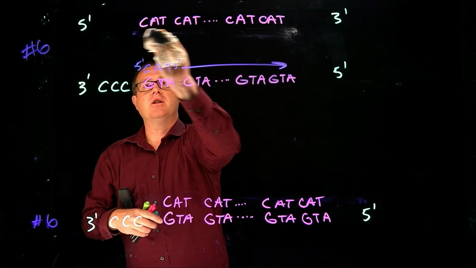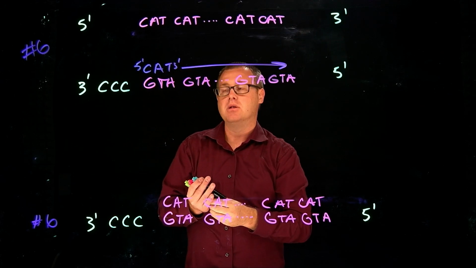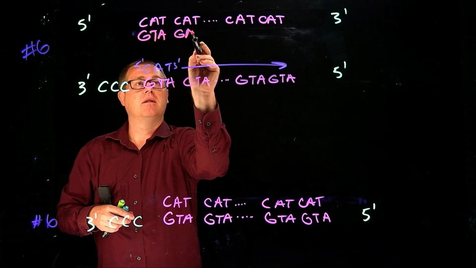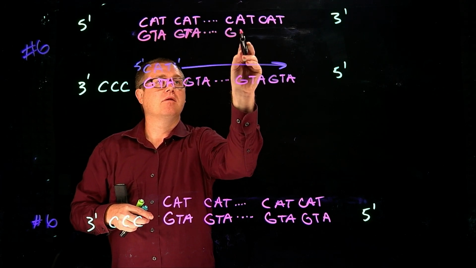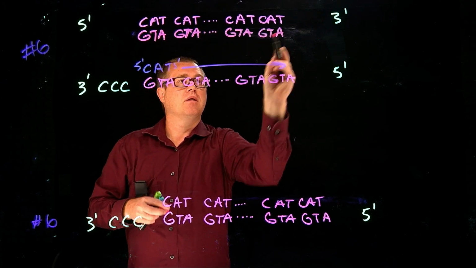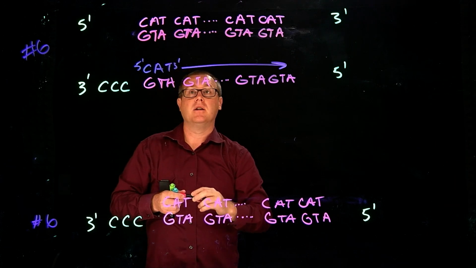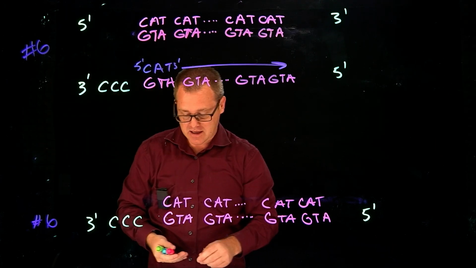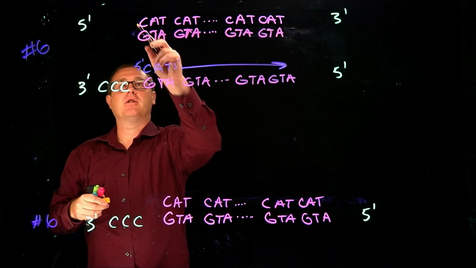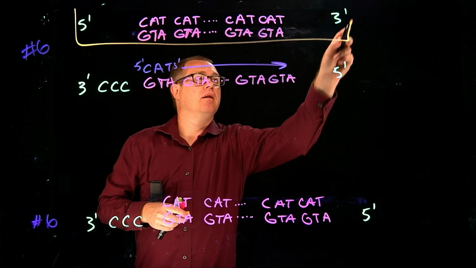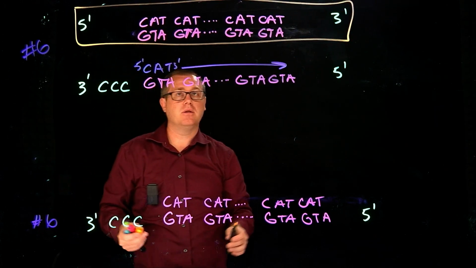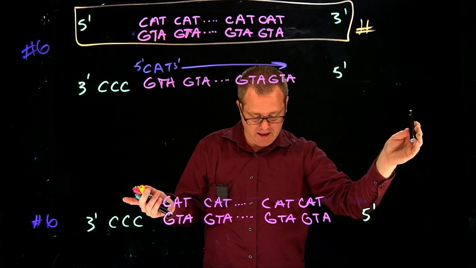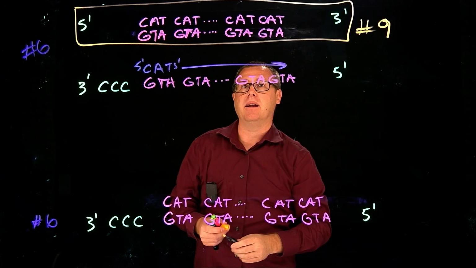We are going to generate a new molecule that looks exactly like this, GTA. Boom, so that coding strand from molecule 6 has now been turned into a molecule that we could call number, we were at 8, so that could be molecule 9.